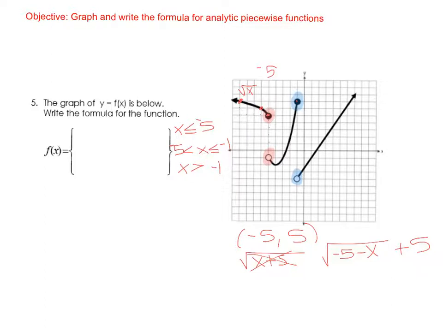Wait, hold on. Let me think about this. The x has to be negative. Yeah, no, that's right. -5 minus x. Because if I put in -5, I get a 0. If I put in -6, you get 1. If I put in -7, yep, that's right. So we got the square root, -5 minus x plus 5.